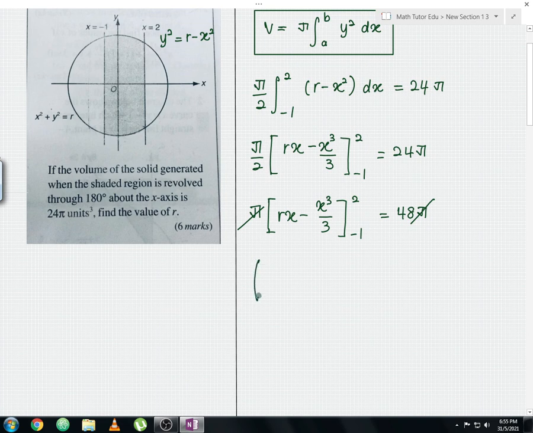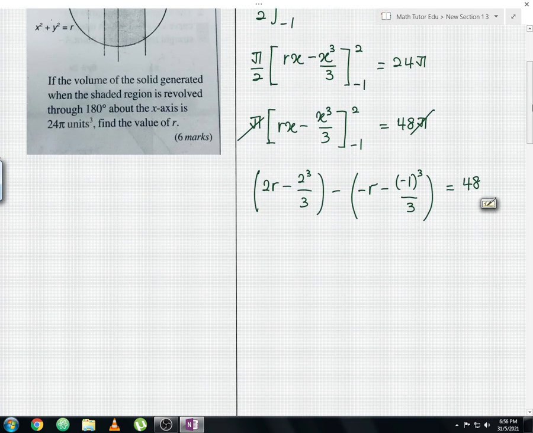So from here, 2r, and then you minus with 2 cube over 3, and then you minus with negative r, and then you minus with negative 1 cube over 3, close bracket. You calculate this, you should get equals to 48. So from here you start at this expression first.